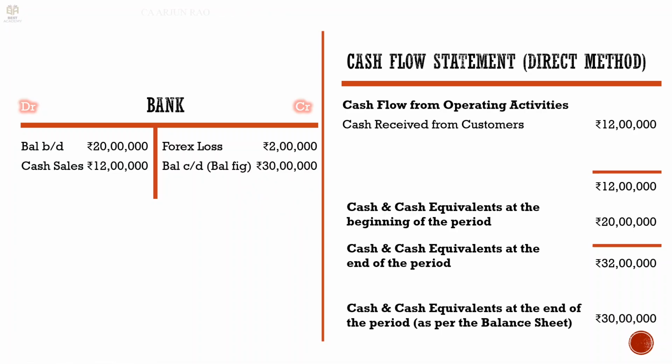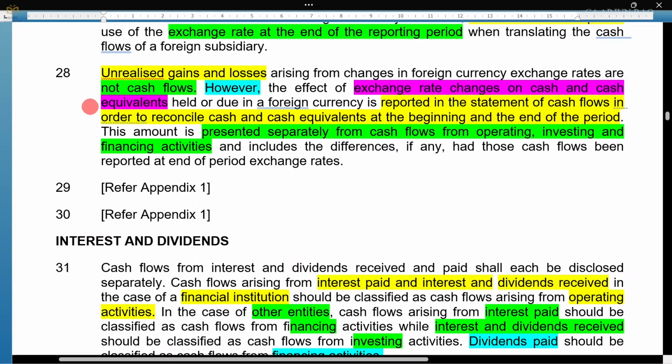How do we reconcile this? We show forex loss as an item of reconciliation. So, forex loss 2 lakhs and we get 30 lakhs. This is what para 28 is talking about.